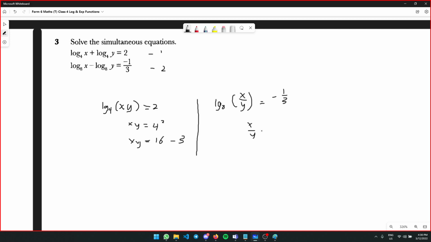So x over y just equals 8 to the power 1 over 3. And 8 to the power 1 over 3, how much is that? I believe that is x over y equals 2 to the negative 1, so that is 1 over 2. Okay, x over y equals 1 over 2.